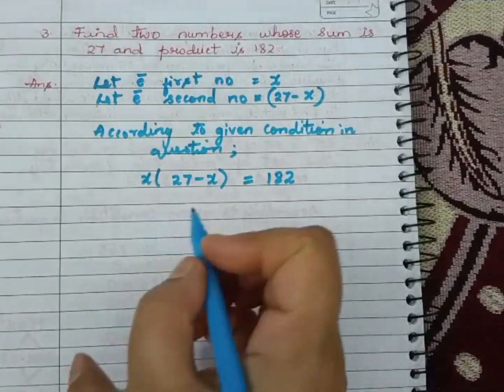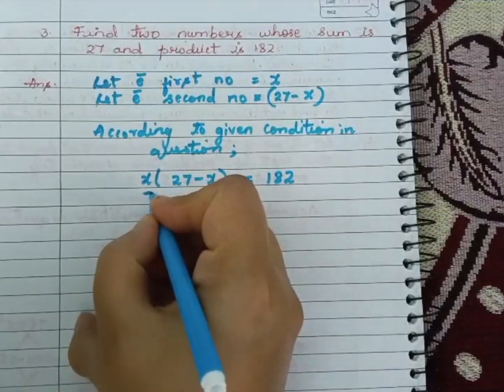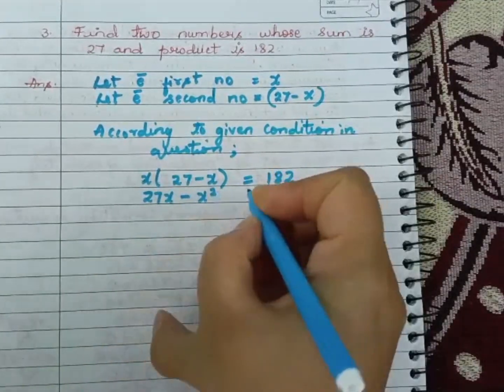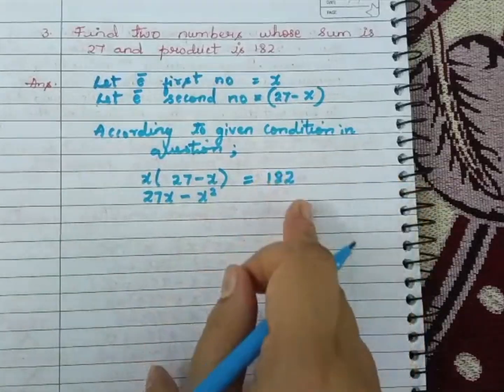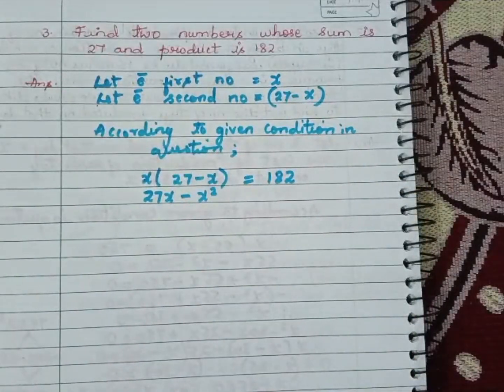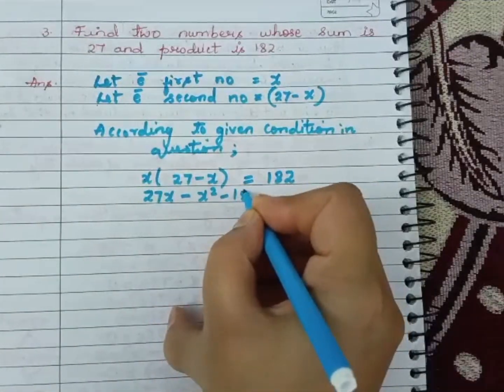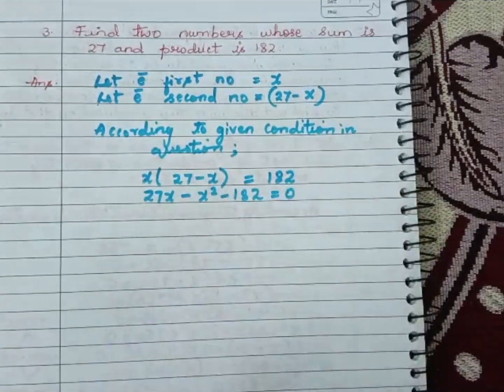Now I am going to multiply this. x into 27 is 27x minus x into x is x square. Now this plus 182, when it is going to shift to the left hand side, it becomes minus 182 is equal to 0.